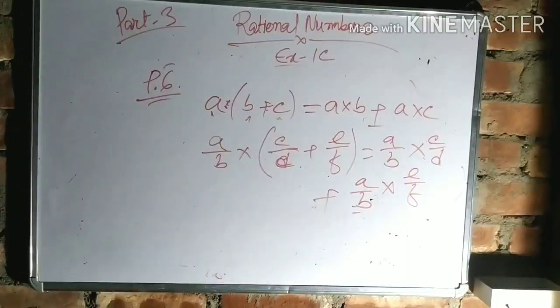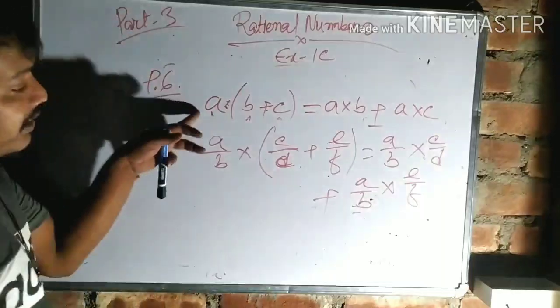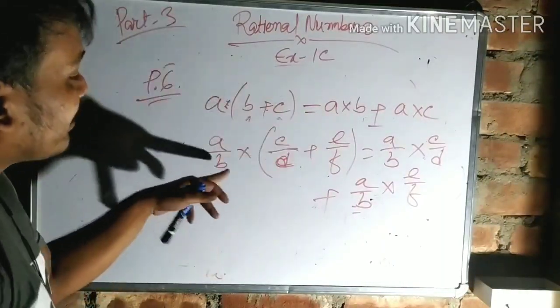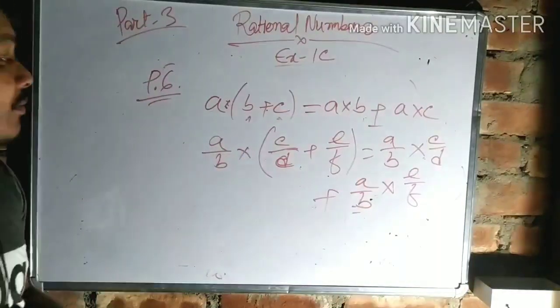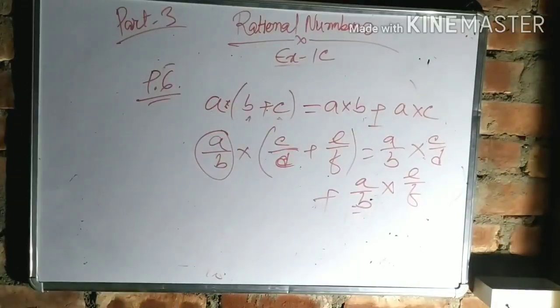So there is no difference; you can write in any way. If you write in this way, then you must say A, B, C are rational numbers. In this case, no need to define A and B, because it is a rational number in the form of a fraction.